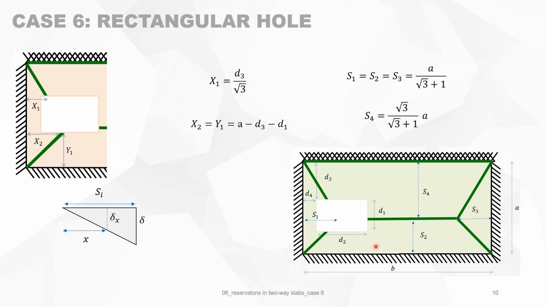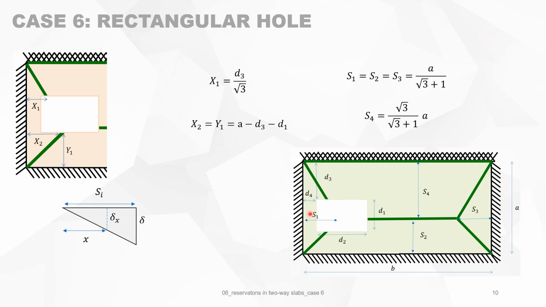Now I must take care, because when we apply a load, the deflection, which is a unity, delta is maximum here in the middle of this horizontal yield line.